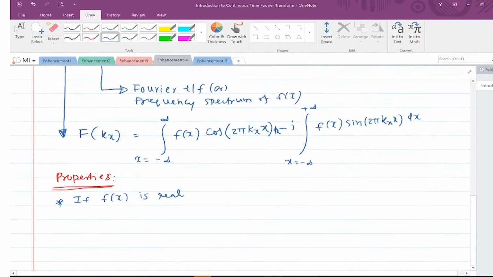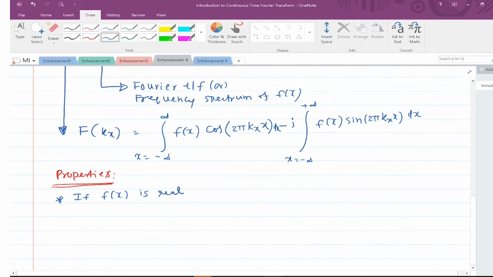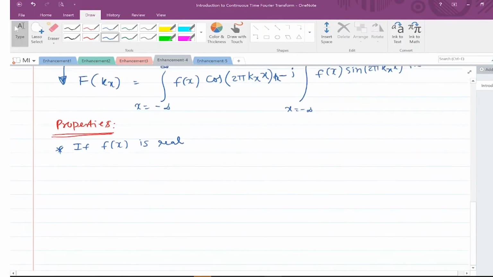This is very important because most of the times your input signals to a system are real. So then what would happen? I am not going to derive this as you all have done it multiple times in your earlier courses. All I would say is F of minus kx equals F conjugate of k subscript x.